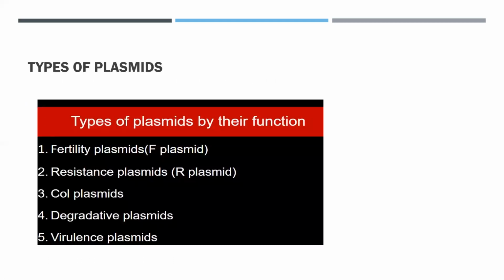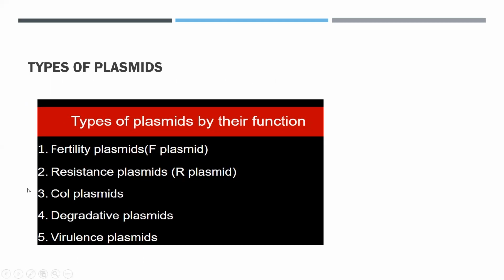Types of plasmids. Let me read through different types of plasmids. Fertility plasmid or F plasmid, resistance plasmid or R plasmid.